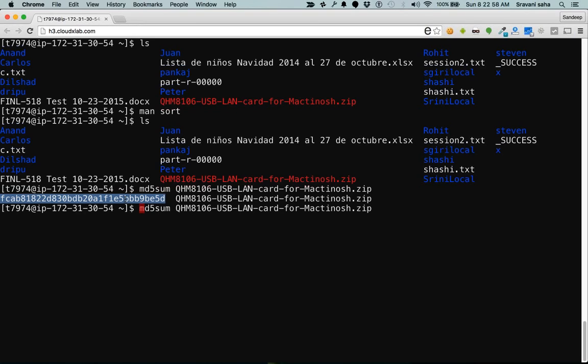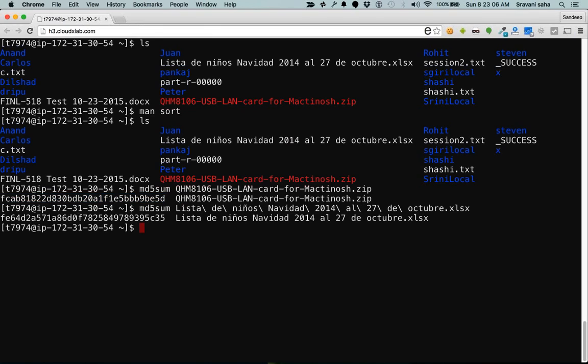No matter what is inside the file, the signature does a good job of keeping it the same size. Do you see the signature of the second file? It's cryptography. So let's take a bigger one. Now you can see in the case of part 00, this is the signature.